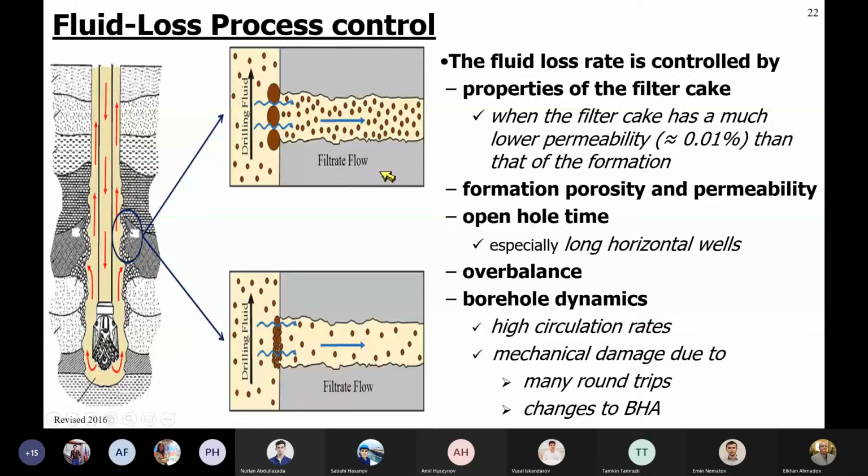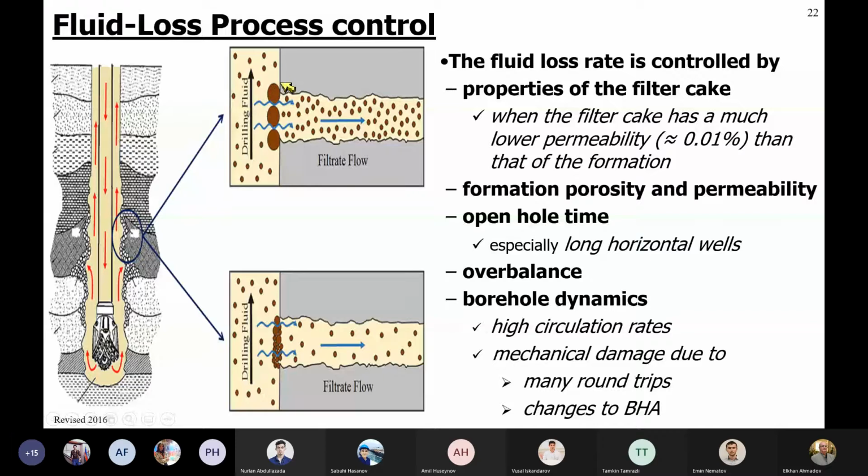And the fluid loss rate is controlled by properties of the filter cake that is created by the drilling mud solids on the reservoir pore throats at the entrance into the reservoir from the wellbore.